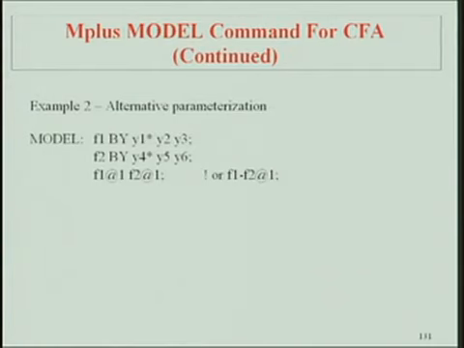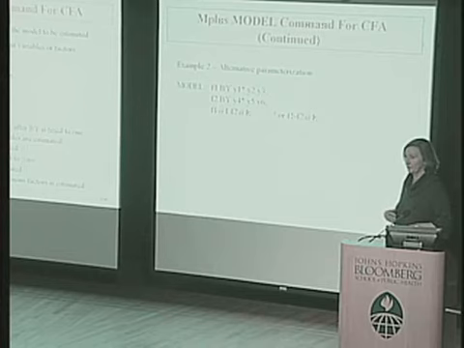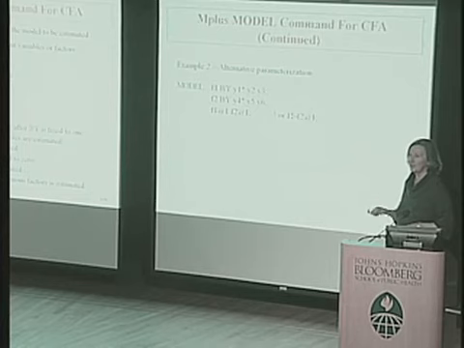And then when we're going to refer to a variance or a residual variance in the model command, we just use the name of the variable. Whether it's a variance or a residual variance doesn't have to be distinguished between, because the model makes that determination. An exogenous variable is going to have a variance, and an endogenous variable is going to have a residual variance.